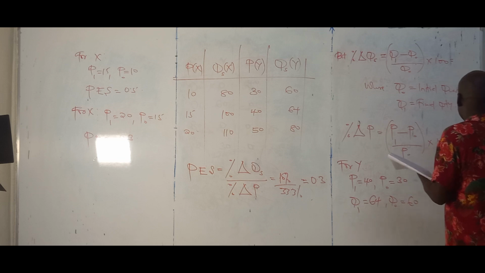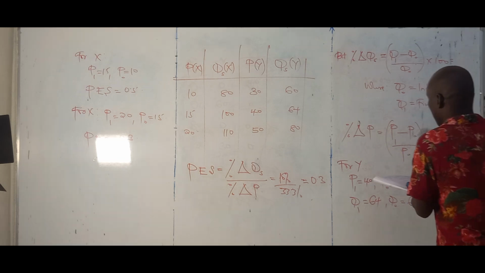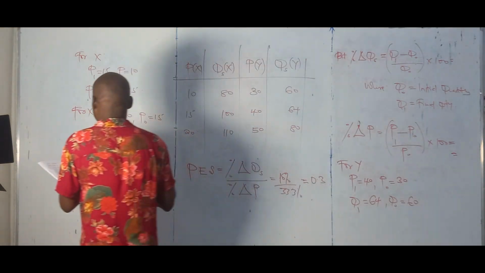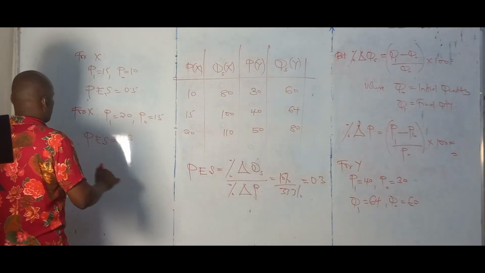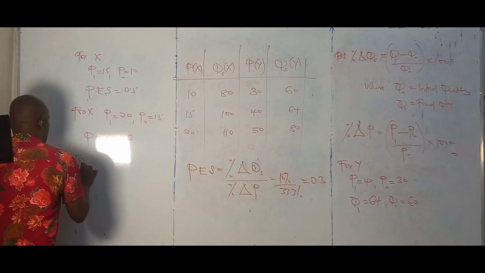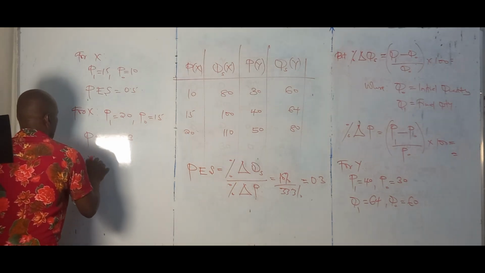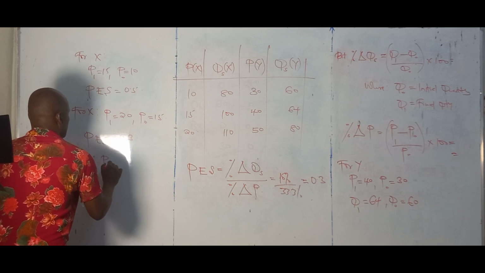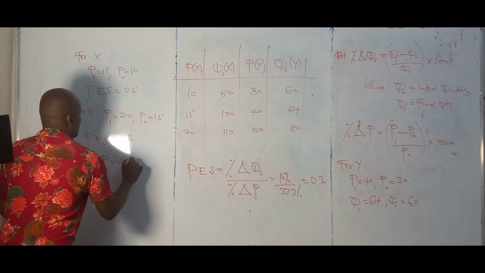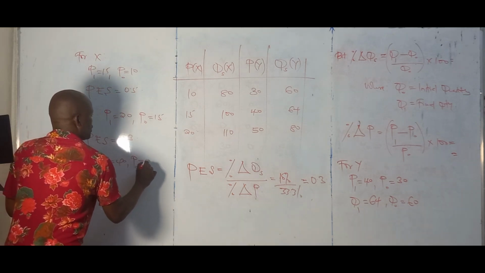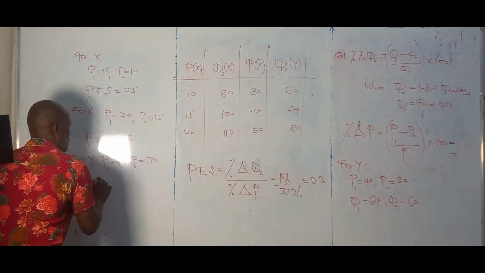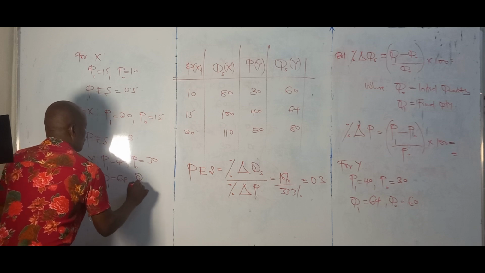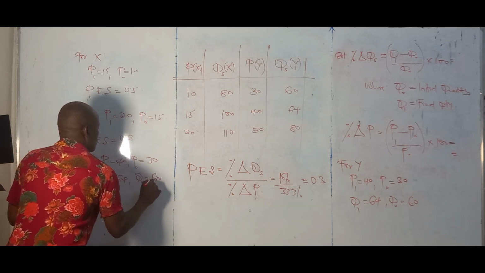So effectively, we get these values. If you work that out, following the same procedure, for y between the price ranges, P1 is 40 and P0 is 30, Q1 is 64 and Q0 is 60.